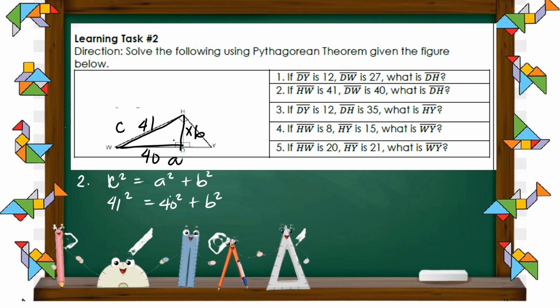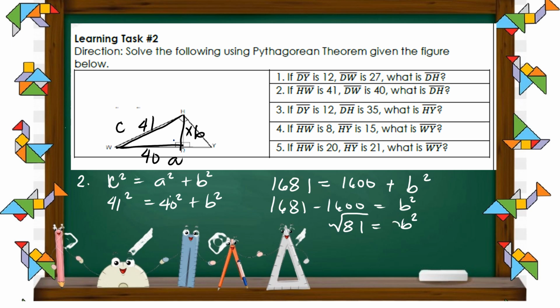So 41 squared is 1681, equal to 1600 plus B squared. So 1681 minus 1600 is equal to B squared, which is 81.